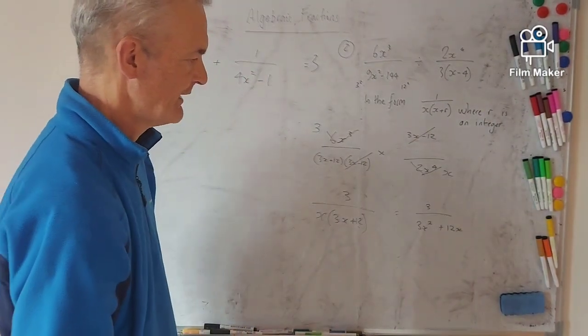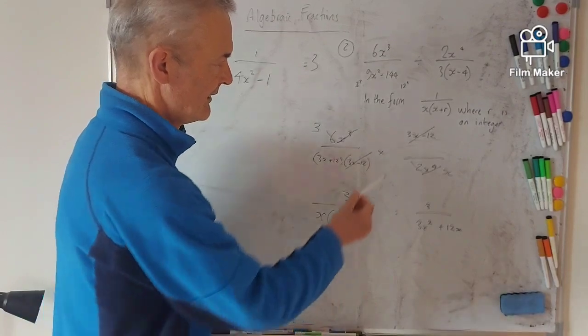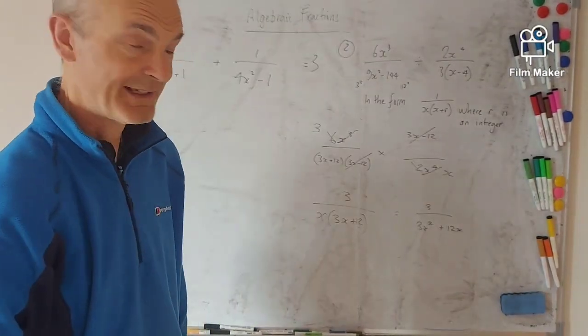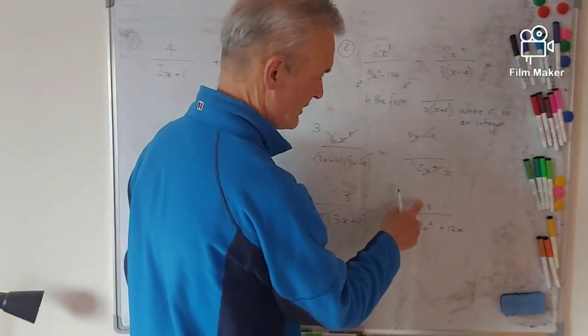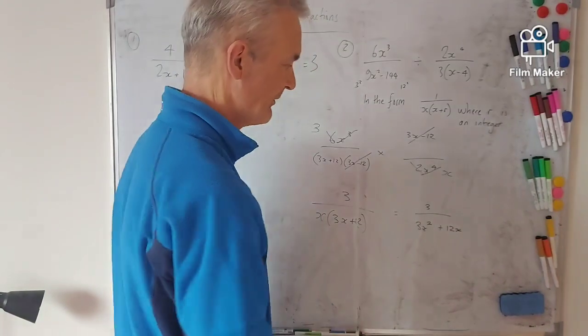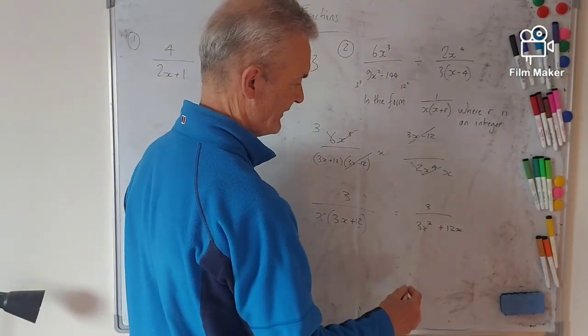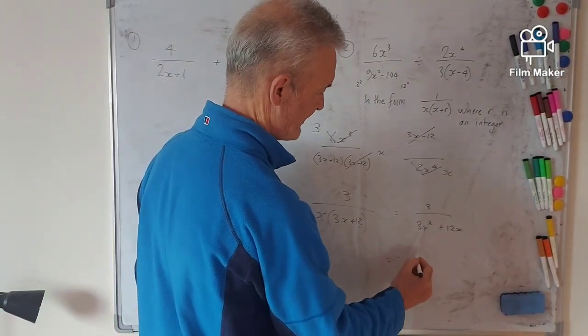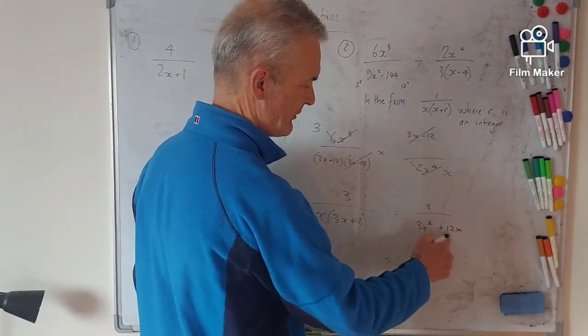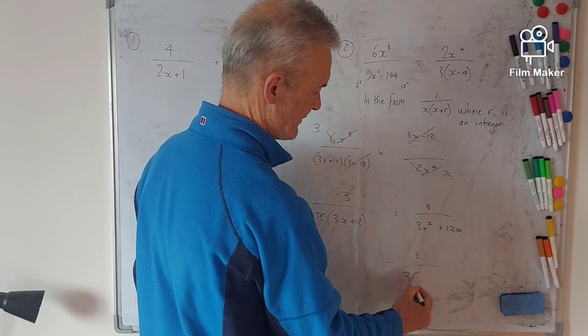Okay, and we can see that we need a 1 at the top there, and the only way we're going to get that is if we've got a 3 on top here. We need a 3 as a multiple at the bottom, so I'm going to pull 3 out as a factor at the bottom here. So I'm going to have 3 on top, and I'm going to pull 3 out as a common factor because 3 is common to both bits here, and I'm going to leave the rest.